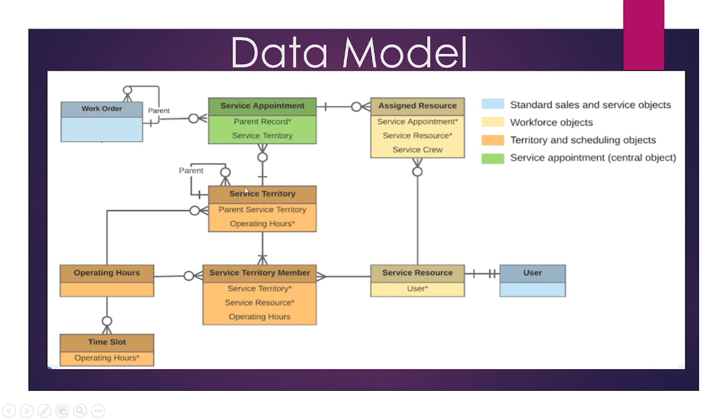So simple, we have one term, territory, and under the territory we have a parent territory also, right? So a parent territory is something like, if I am talking about Uttar Pradesh, then Uttar Pradesh is your parent territory, and under Uttar Pradesh we have different regions, which are Agra, Bareilly, Kanpur, whatever you can say.